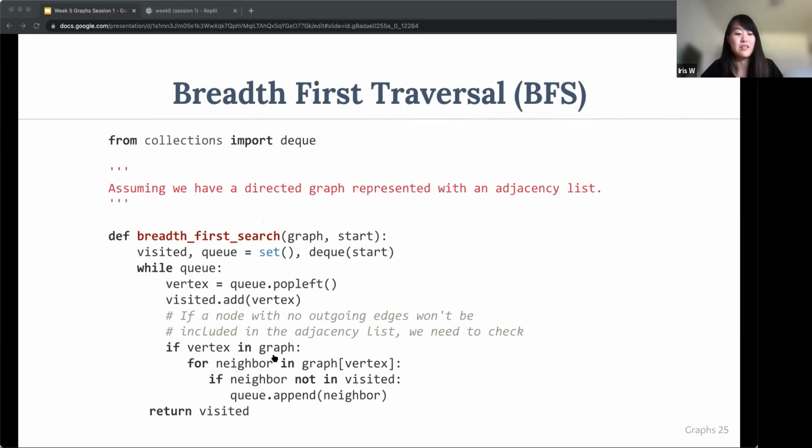It's very similar to the DFS code, and you just want to make sure you always do that visited check. That's always the most common mistake I see people make. And honestly, it's often a mistake I'll make if I ever have a bug in my code. It's generally that I didn't add into the visited set, or I didn't check the visited set before I tried to explore more nodes.